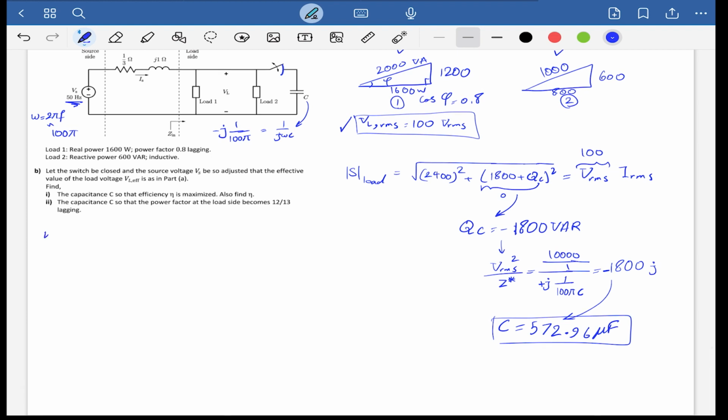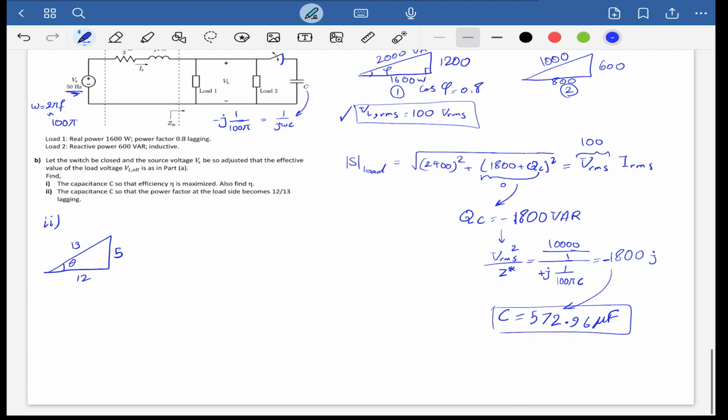Now in part 2, we want the power factor on the load side to be 12/13. So let's draw the power triangles. Let's say this is theta, and this power factor means cosine of theta, so this part should be 12, 13, and this 5, the very famous ratio.